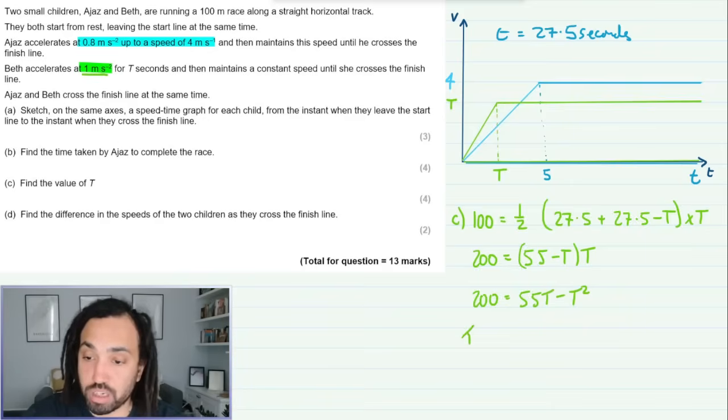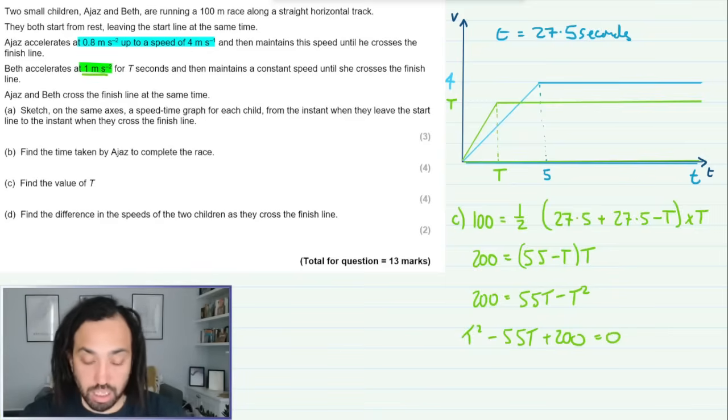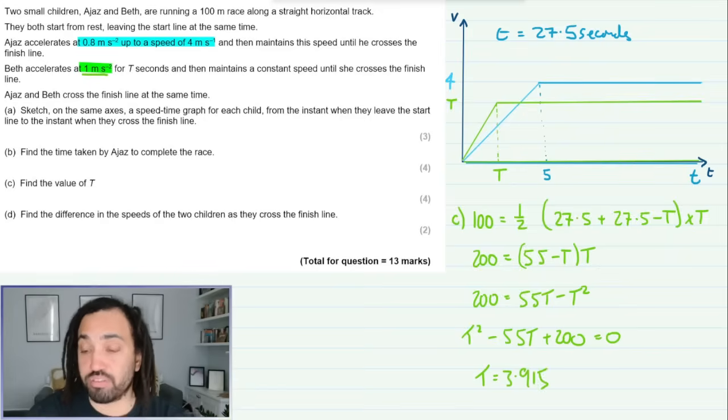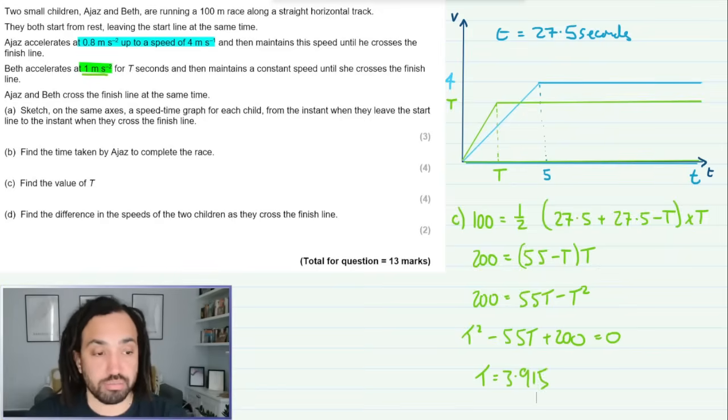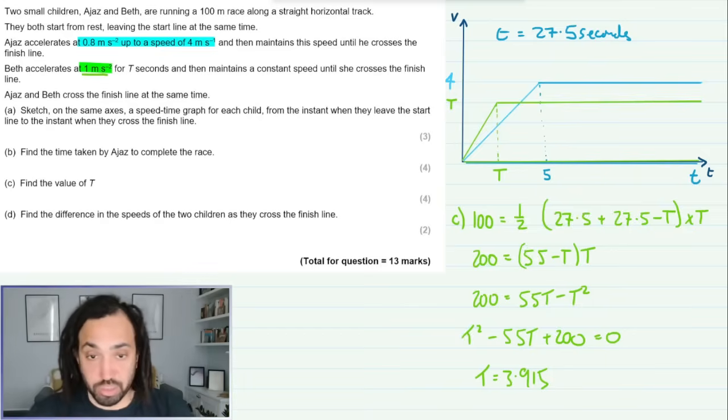And then we can bring it all over to one side to get the following quadratic. And then when we solve that, we get a t value of 3.915. And the other t value that comes out of that quadratic is just too big, so we can just reject that one.